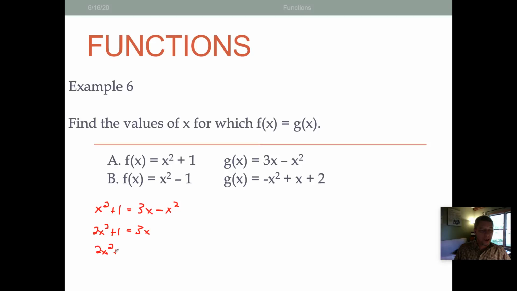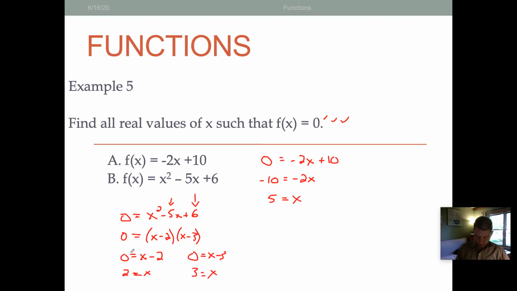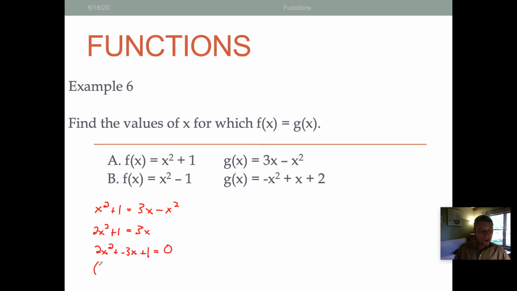Then I'm going to subtract 3x from both sides and get 2x squared, whoops, that should be negative, minus 3x plus 1 equals 0. Then I factor this term, and it's going to be equal to 2x minus 1 times x minus 1.